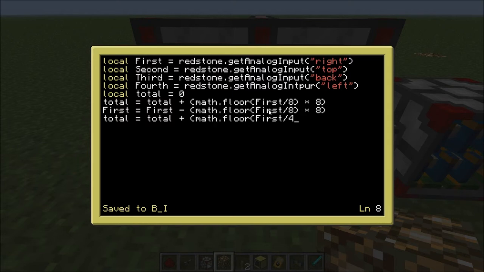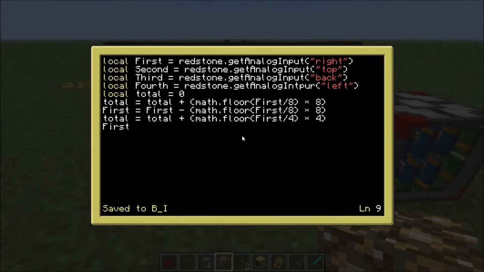So the next column would be the 4s times by 4 total, and then we take this away. Sorry about that. And then we're going to take away the 4. Floor first divided by 4 times by 4.